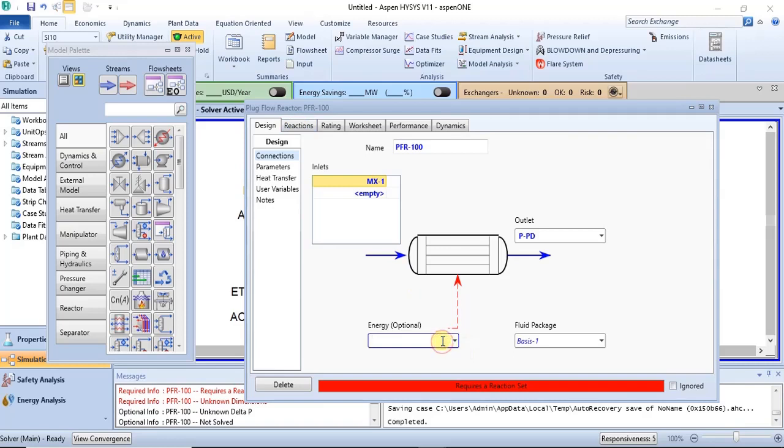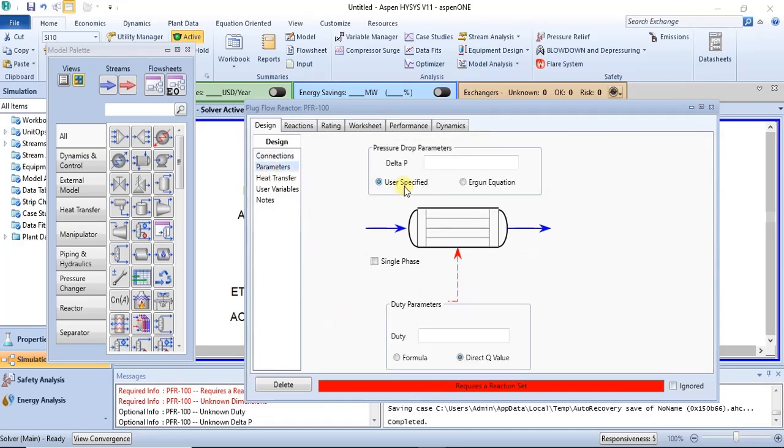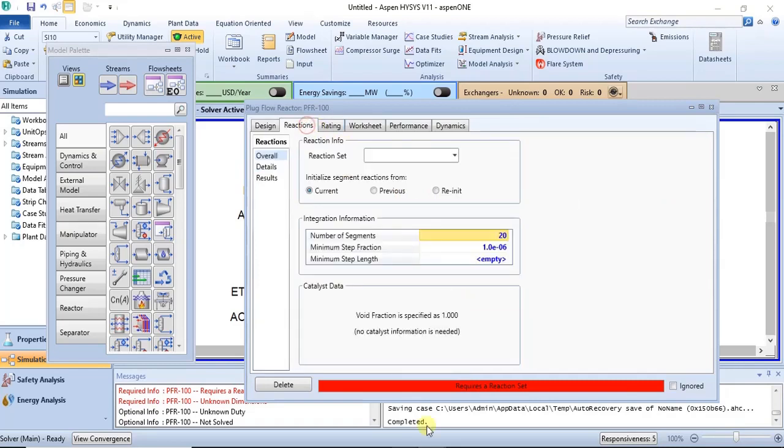Let's add our energy stream, Q1. Then we can specify the pressure drop as well. We specify the pressure drop in the other reactor as 9 kilopascal, so we do the same here: 9 kPa. Then we can add a reaction set. The reaction set is set 1.